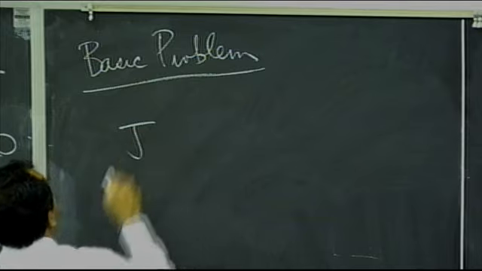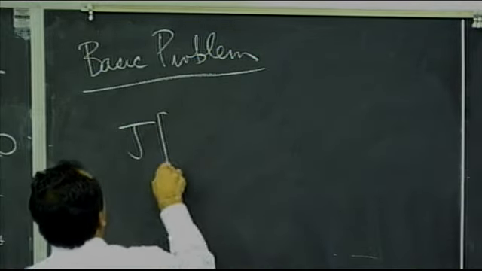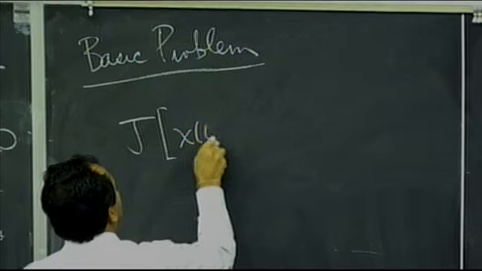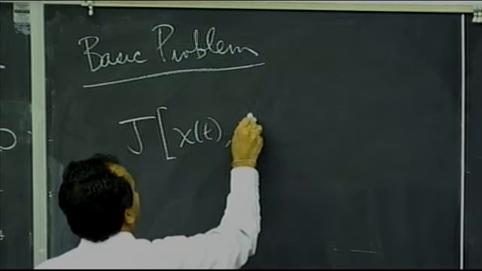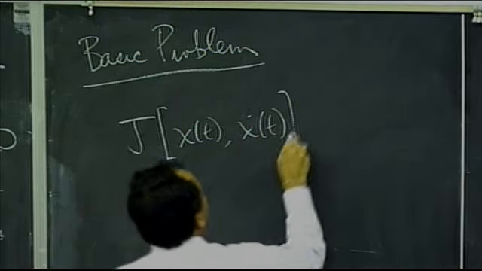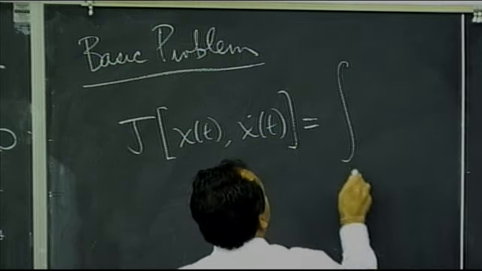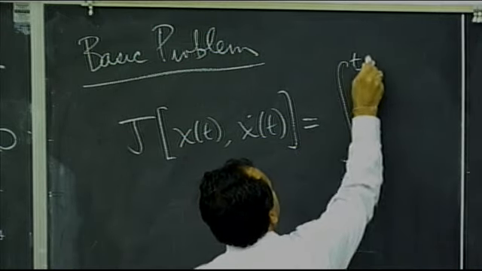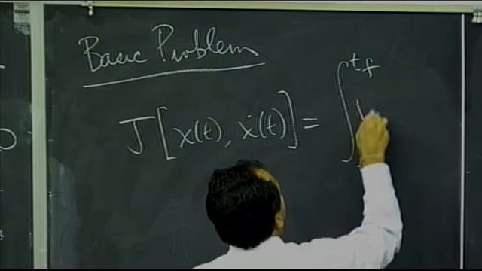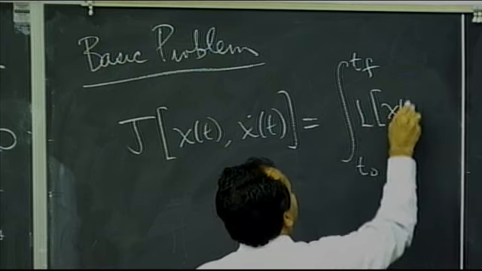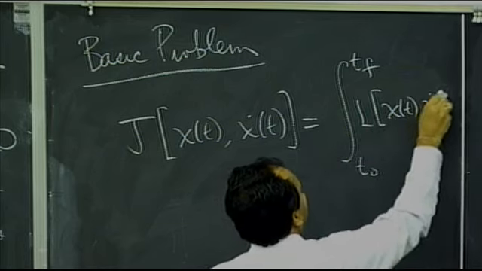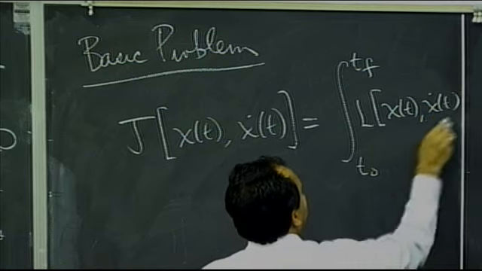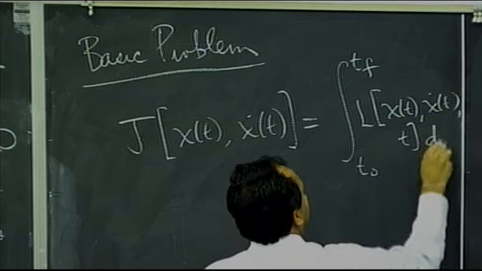I've got J, which is a function of x of t and also a function of x dot of t, and it's equal to the integral from t0 to tf of a function L of x of t, x dot of t, and t, dt.